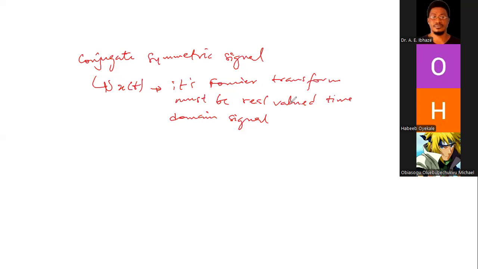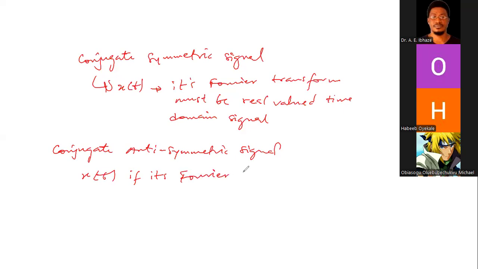And then, for the conjugate anti-symmetric signal, the signal S of t will be conjugate anti-symmetric if its Fourier transform is purely imaginary.